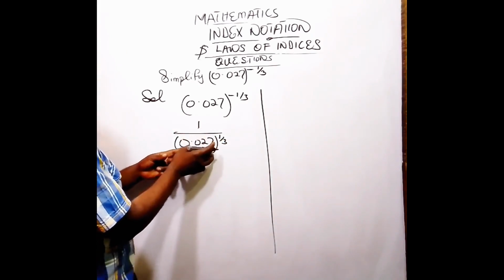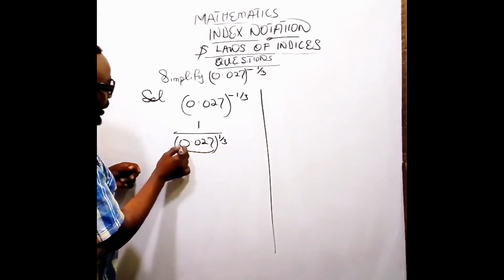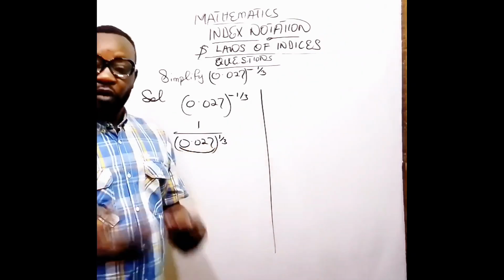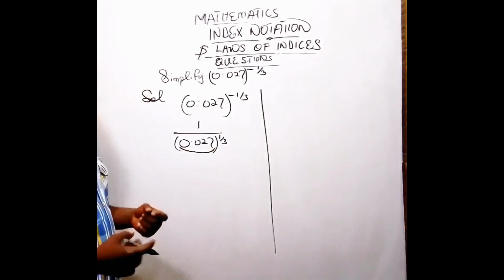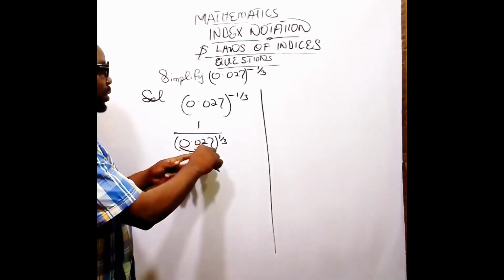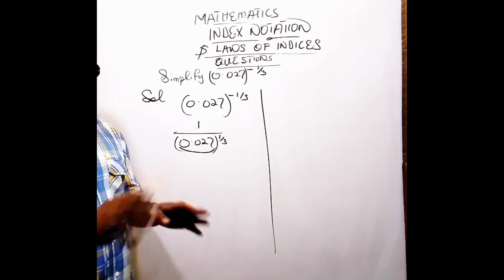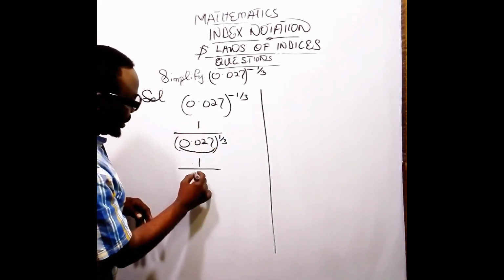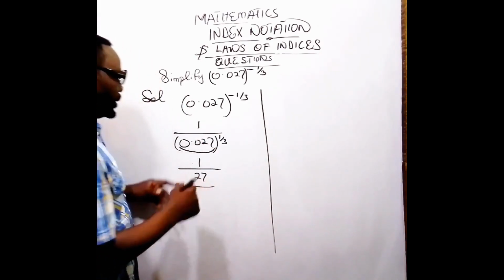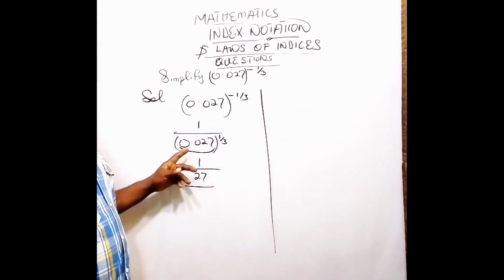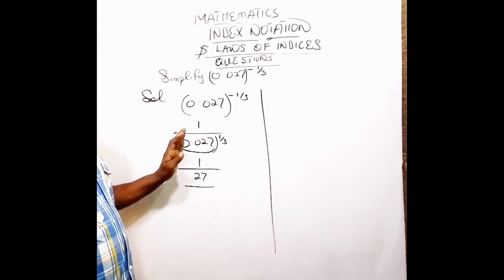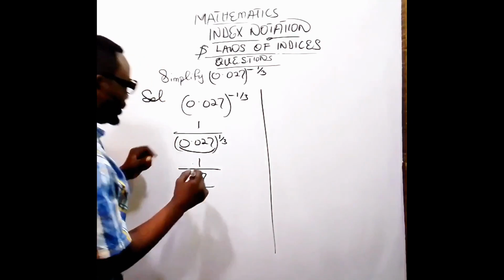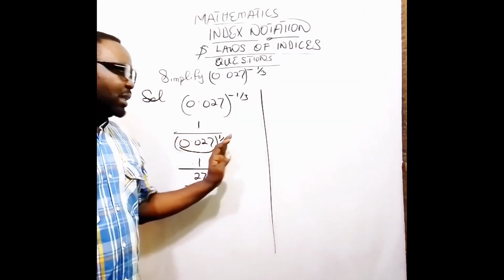The next thing we do here is to convert these decimal values into a fraction. And to convert it to a fraction, how do you do that? You take the value that you see as a whole number, that is 27, and it becomes 27 over 1, then 0s after the decimal point.